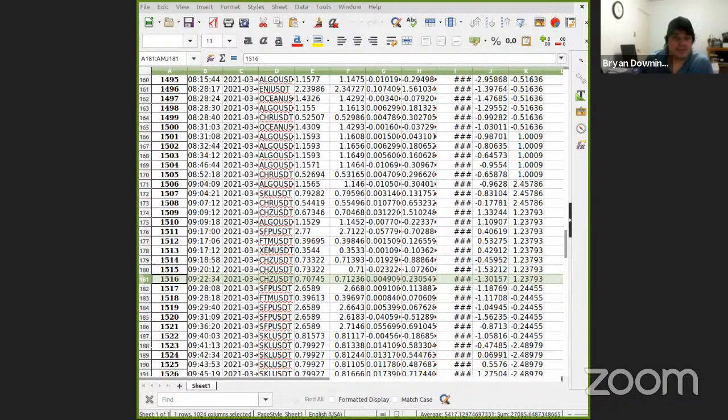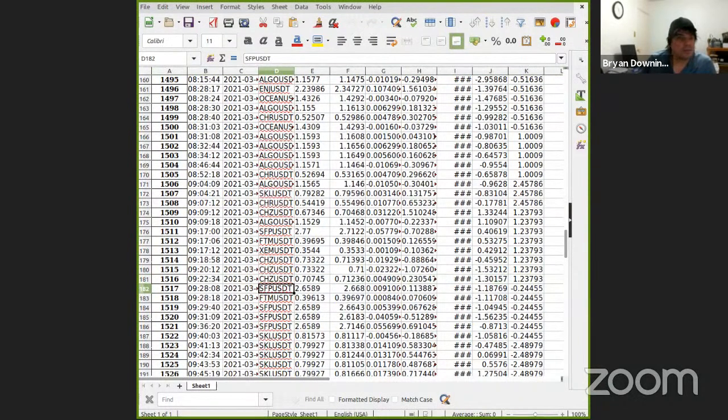So let's look at CHZ first. CHZ, USDT. This is a 15-minute chart. You can see here at 15 o'clock on the 13th, it moved up and started to drift back. So in around here is where I picked up those trades.